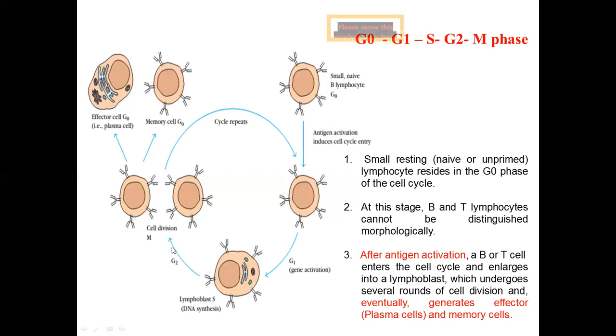Once the cell enters the cell division phase, it differentiates and proliferates into a plasma effector B cell and a memory B cell. Now the memory B cell enters the resting phase, the G0 phase of the cell cycle. And the effector plasma B cells produce secreted antibody in large numbers, and thereby the antigen can be eliminated from the body.